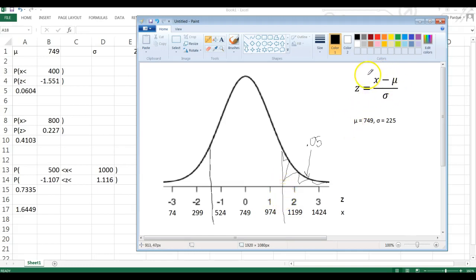And so the value of x then, we could solve this for x. And when we did that in class, we get that x equals z times sigma plus mu.